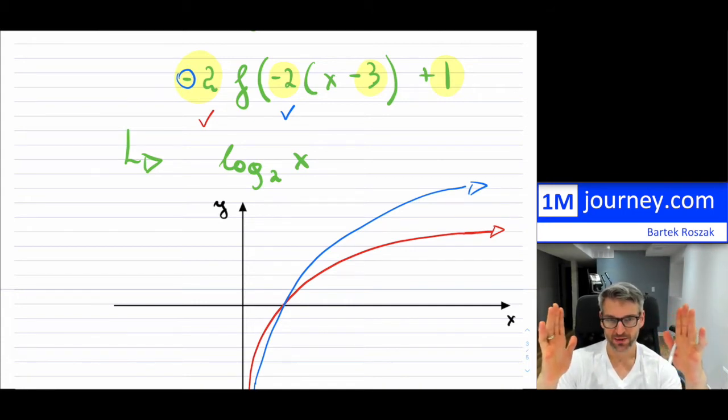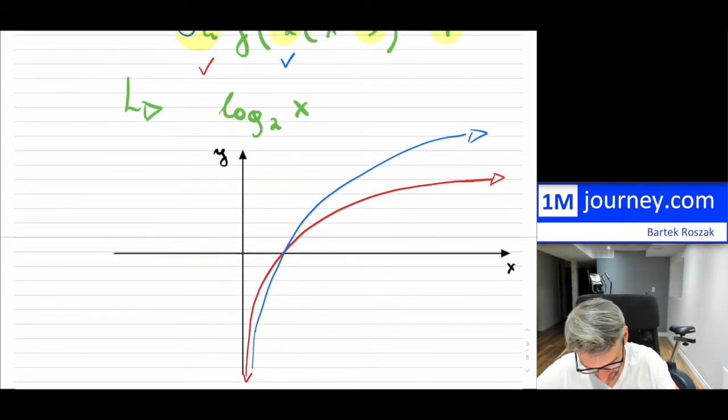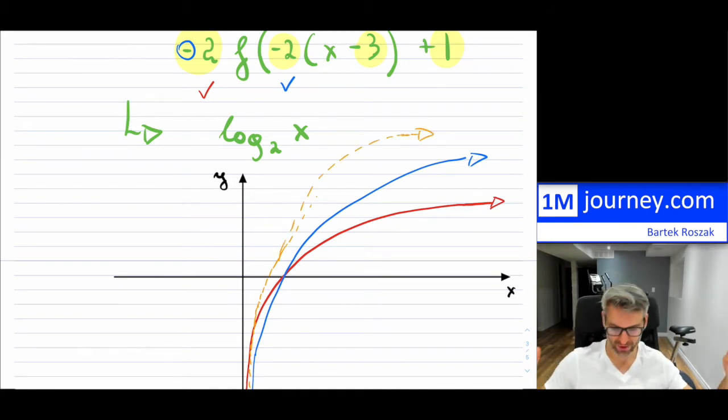So it's going to shift it over, so in terms of a sketch, it's going to be kind of like this. It's going to compress it back into this direction.